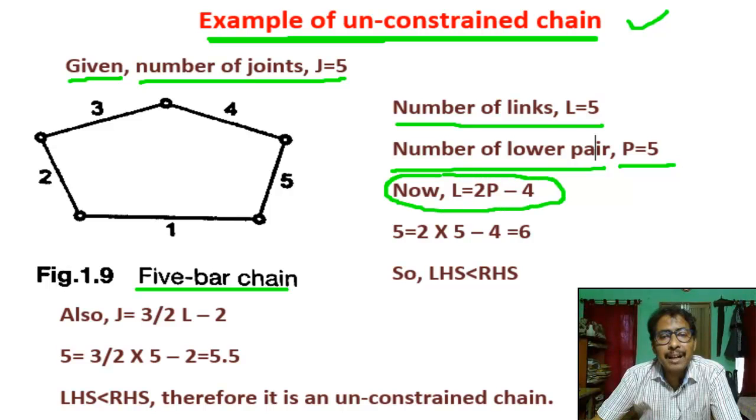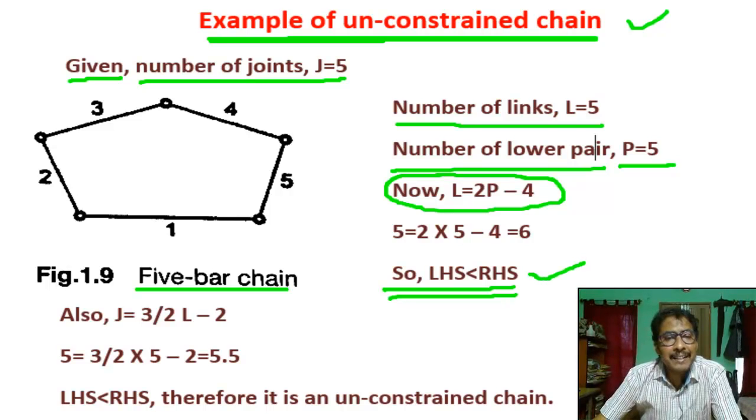Now from this equation, L equal to 2P minus 4. Left side L equal to 5; right side 2 into P equal to 5 minus 4 equal to 6. So the left hand side is less than the right hand side.